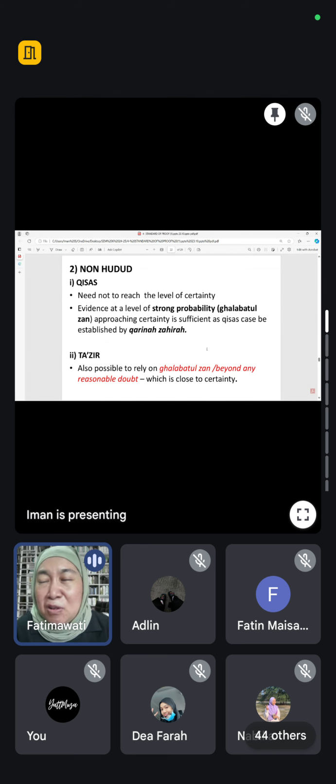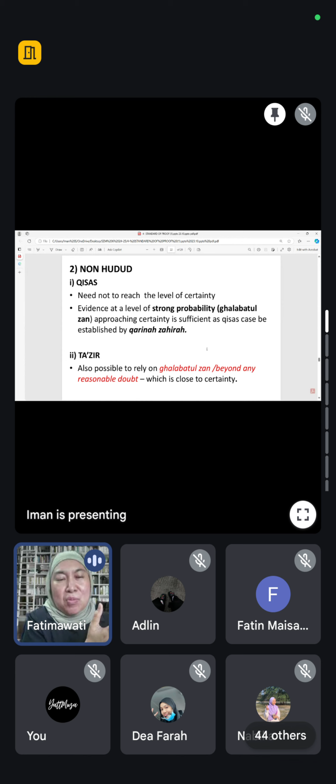Then you have the category of non-hudud cases. Tadi yakin, which means beyond a shadow of doubt. Okay. Kalau non-hudud cases, kita ada dua. Satu adalah qisas, satu lagi ta'zir. Okay, qisas ni tak payah nak reach the level of certainty. If you have a strong probability, which is ghalabatul zon, then that is sufficient. And you can establish that by way of qarinah zahirah.